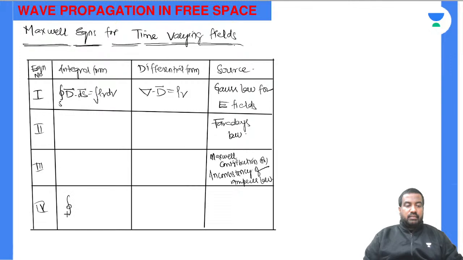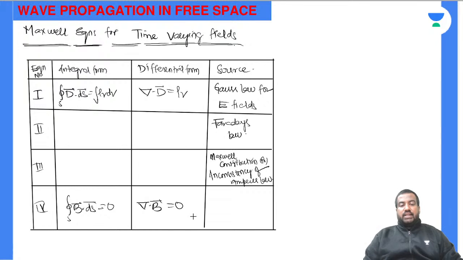Fourth equation, closed surface integral of B dot ds is 0. Del dot B is 0. B is divergenceless field or solenoidal field.